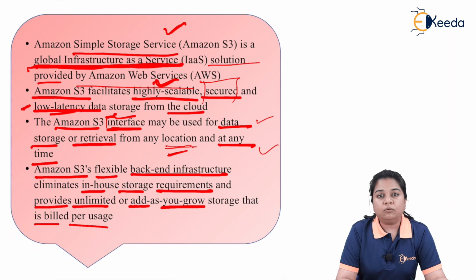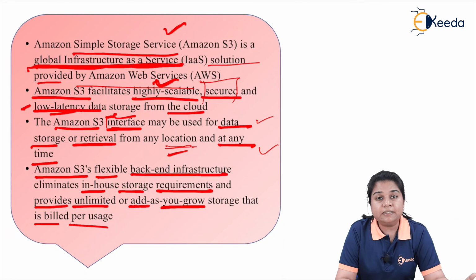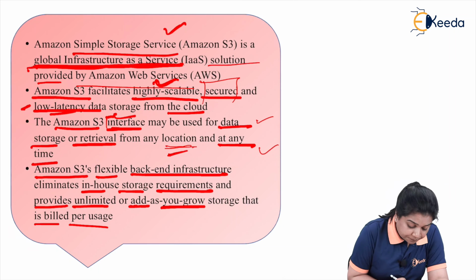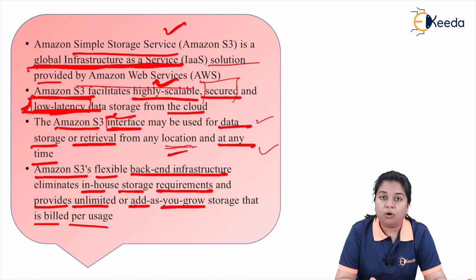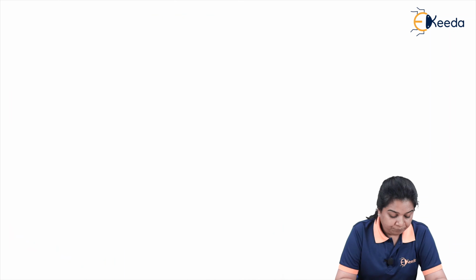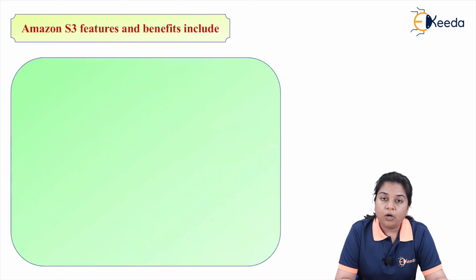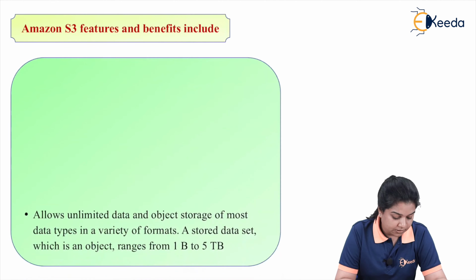And then low latency. As we all know, latency is the delay in the round trip time of a packet. So it provides low latency data storage in the cloud, which is a major feature of Amazon S3. Now what are the features and benefits of Amazon S3?